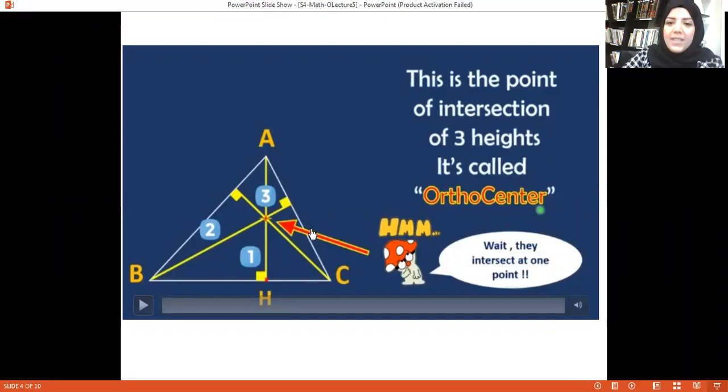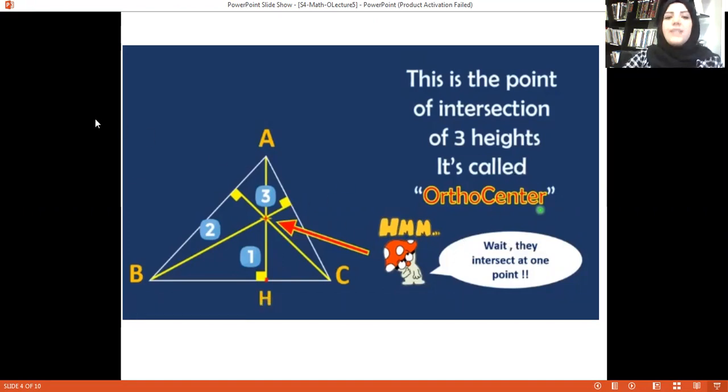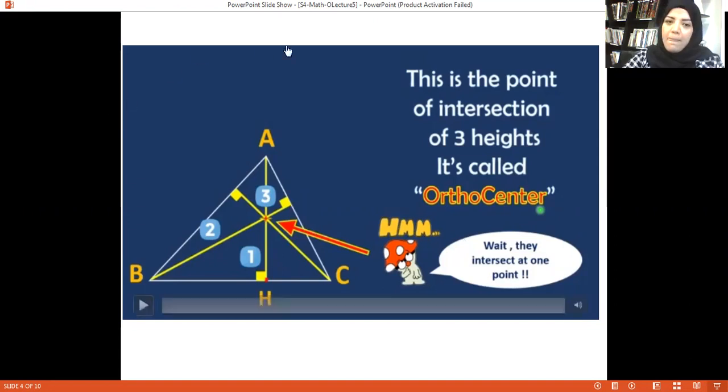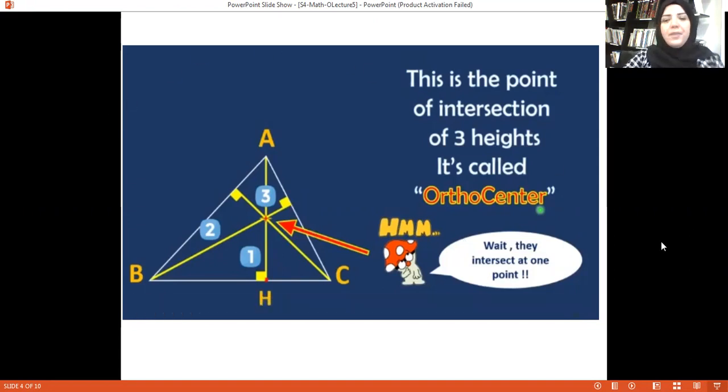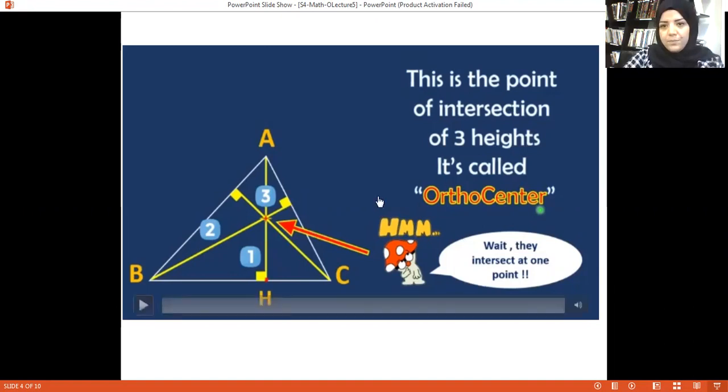So the intersection of the three heights is called the orthocenter. Okay? So we are done with the first objective, which is constructing the heights in a triangle, and we learned that the point of intersection is called the orthocenter. Let us now continue.